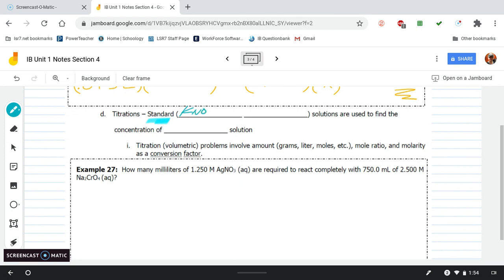And so this is a known molarity, meaning that I know it's 5 molar, or 2 molar, or 12 molar, or whatever. And so then we take that and we put that into a chemical that we don't know the molarity of, right? So we know the molarity of one and we don't know the molarity of the other. So it is unknown.